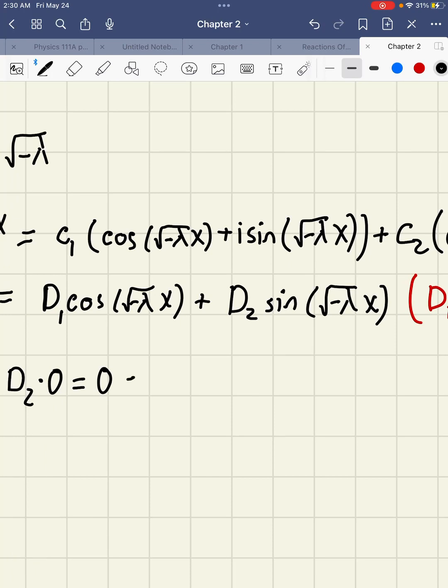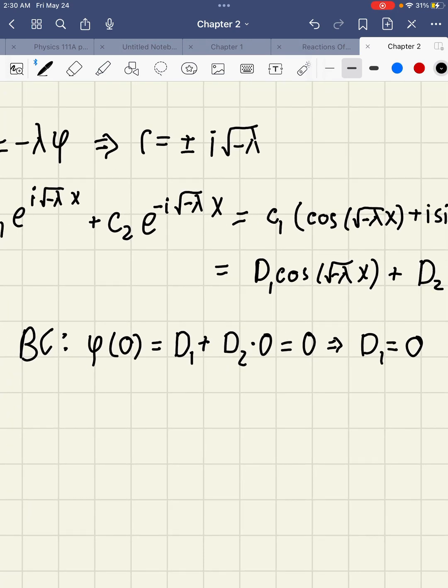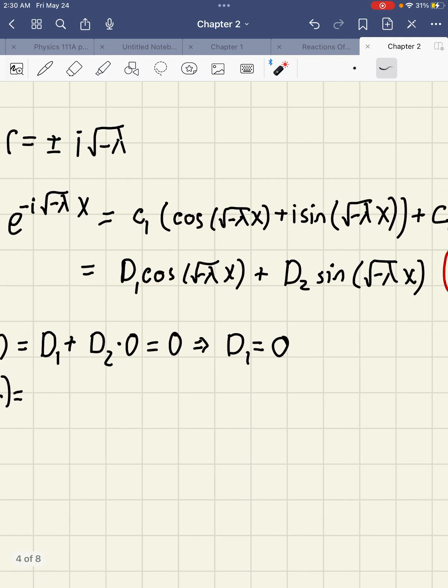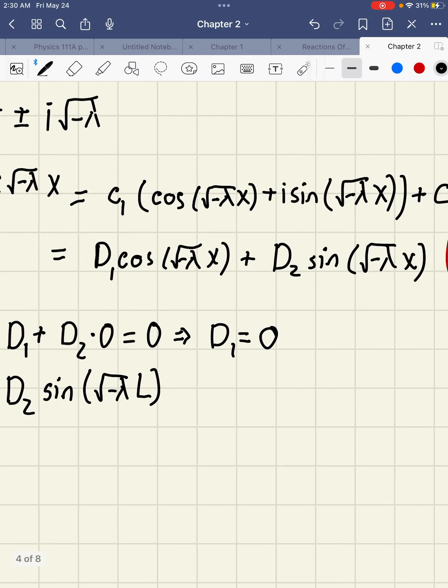Simplifying, it gives me that my D1 is equal to 0. Now, if I apply phi of L equal to 0, my D1 is equal to 0, so I can ignore this part. I got D2 sine of square root lambda L, equal to 0.